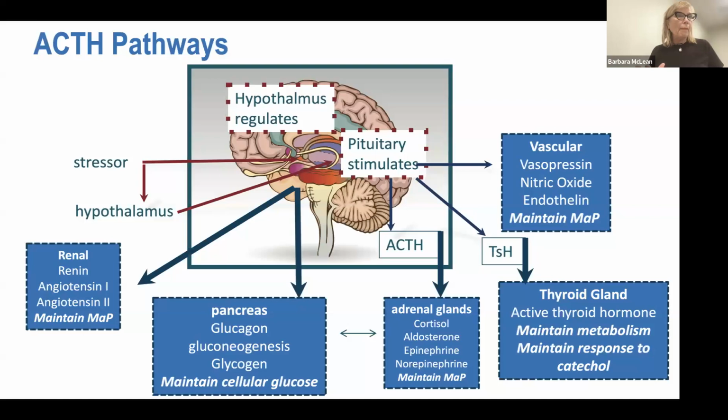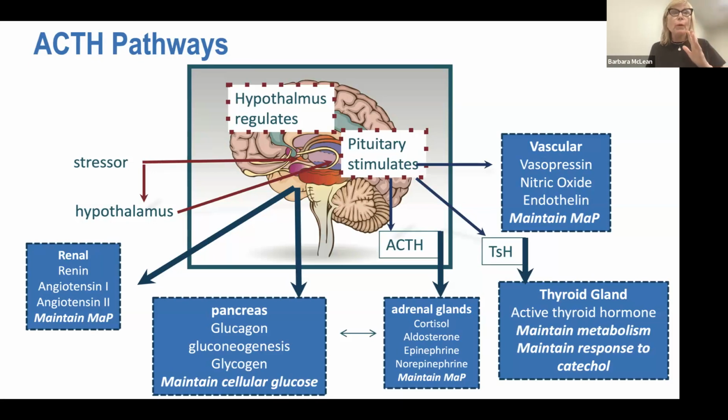So really, really important, because above everything else, my friends, of course, I'm concerned about your metabolic qualities, but the most important thing to remember is that the thyroid hormone helps our patients retain their responsiveness to catecholamines, aka neurotransmitters, aka norepinephrine and epinephrine.